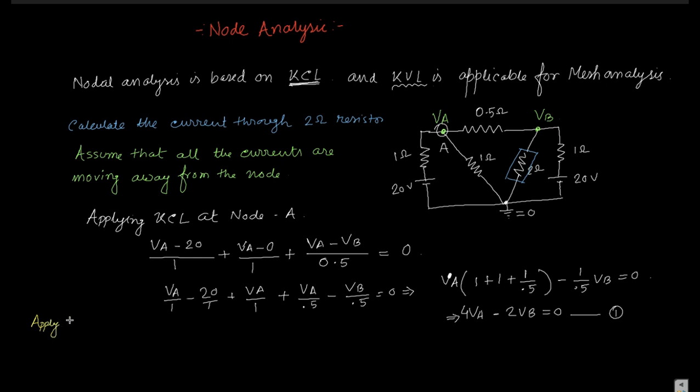Sir, where is the value 20? Where the value is minus 20 means this is the 20 volt supply. In equation 1, 20 is not written. Where should you write 20?